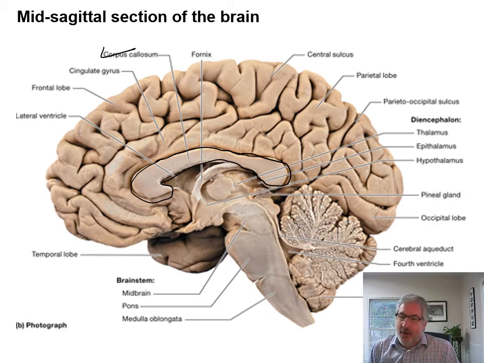It's a bunch of white fibers or axons that go back and forth between the two hemispheres of the brain. You also have some white fibers called the fornix.